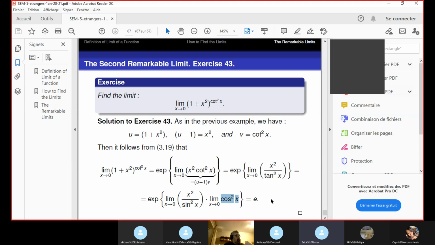Yes, it's clear. So now, we have time. What I propose is that I will send you some exercise. You will try to do this exercise, for example, in 10 minutes.